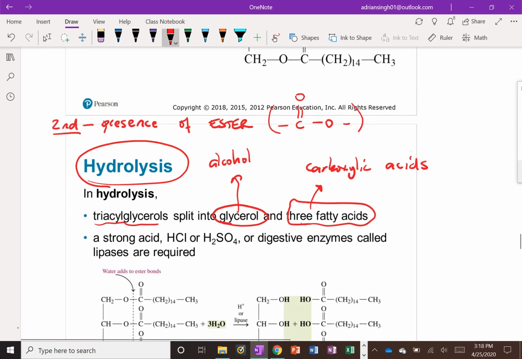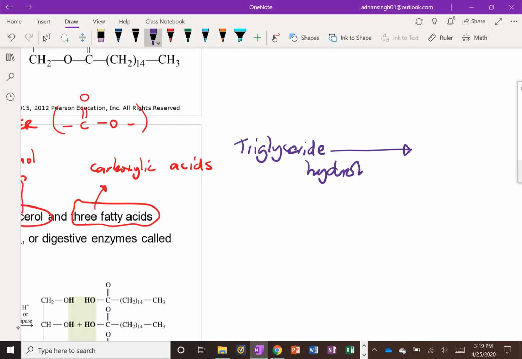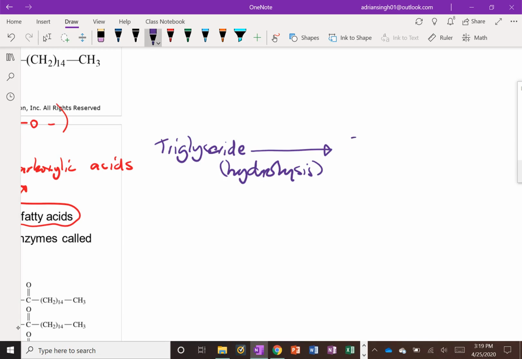Right, so we can say then that your triglyceride can undergo hydrolysis to then produce glycerol, the alcohol, and 3 fatty acids.